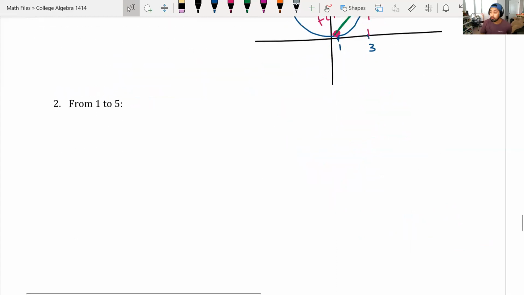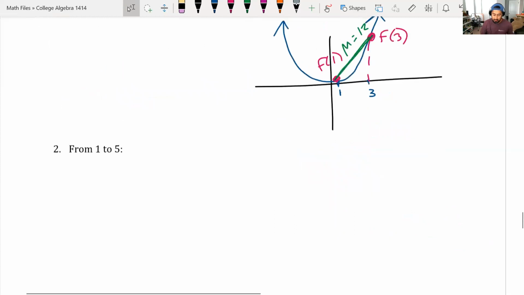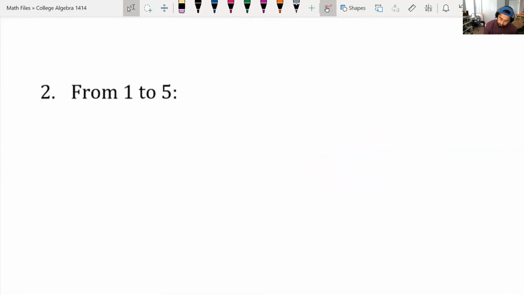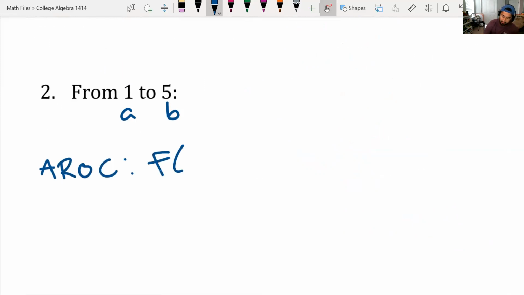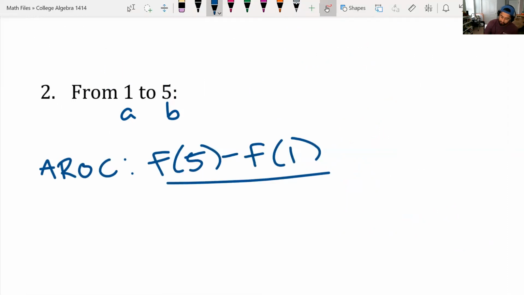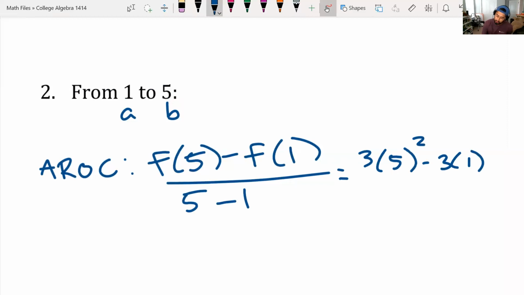Okay, do it one more time, right? From 1 to 5. So label A, B. Find my A rock. F of 5 minus f of 1 over 5 minus 1. Write everything again: 3 times 5 squared minus 3 times 1 squared.